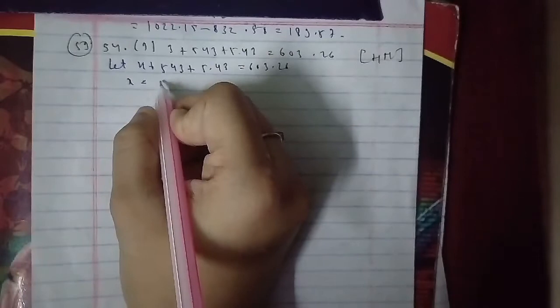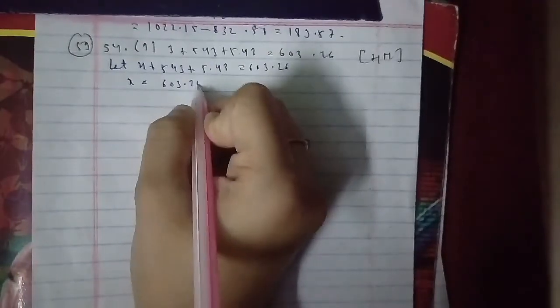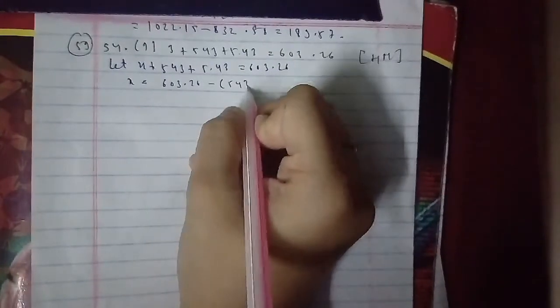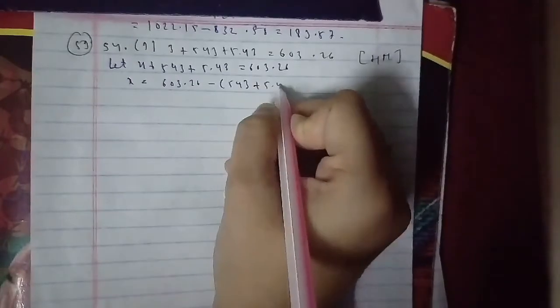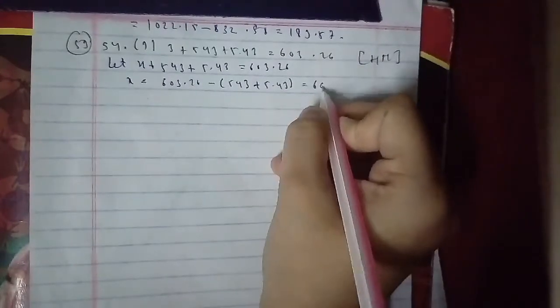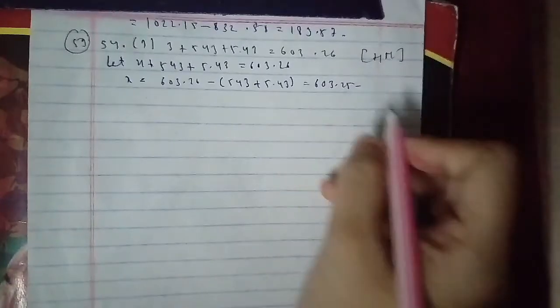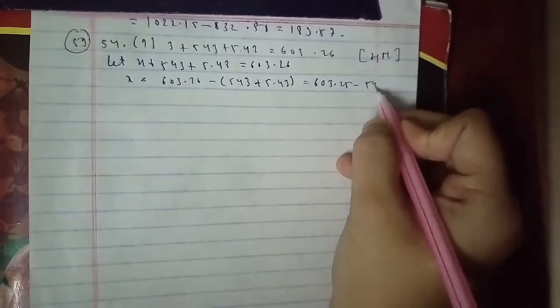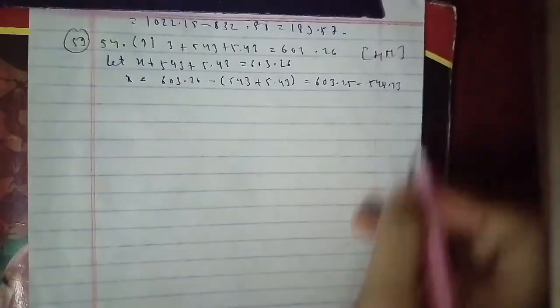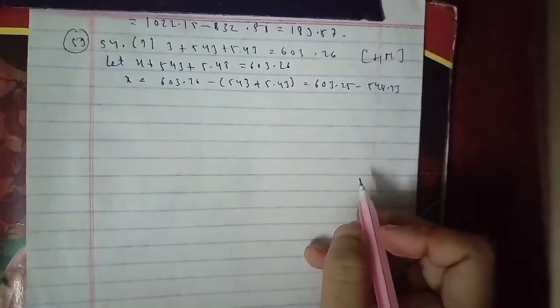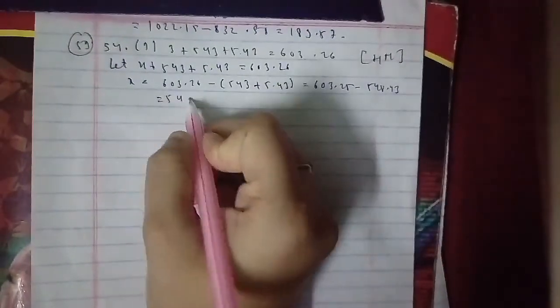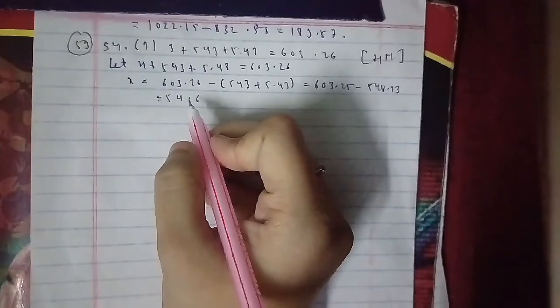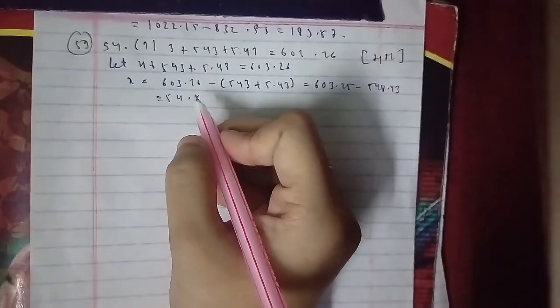So x equals just 603.26 minus 543 plus 5.43. That is equal to 603.25 minus, here, 548.43, and that we have as the answer, which is here as 54.6... that will be here, that 54.883.